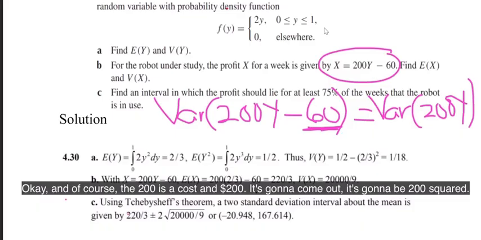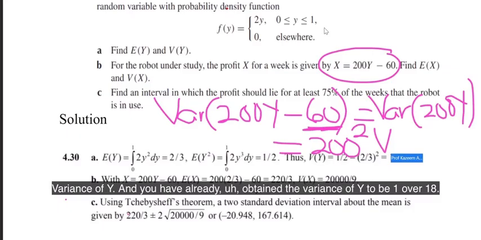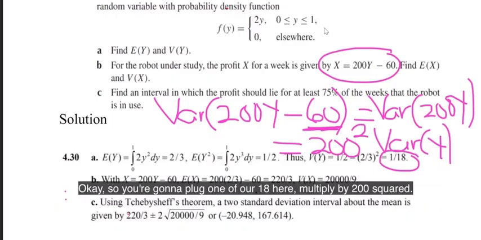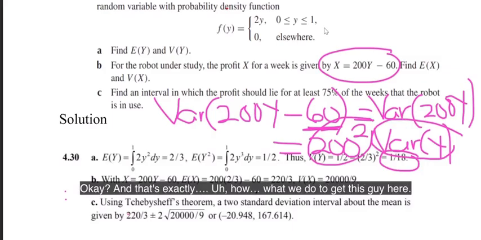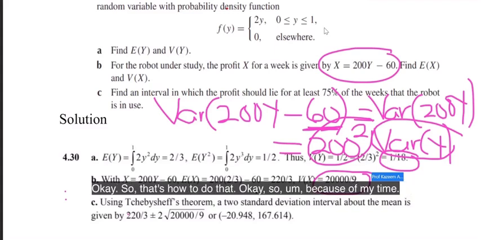Of course, the 200 is a constant, so the 200 comes out squared: 200 squared times the variance of Y. You have already obtained the variance of Y to be 1/18, so you plug 1/18 in here and multiply by 200 squared. That's exactly how we get this here. So that's how to do that.